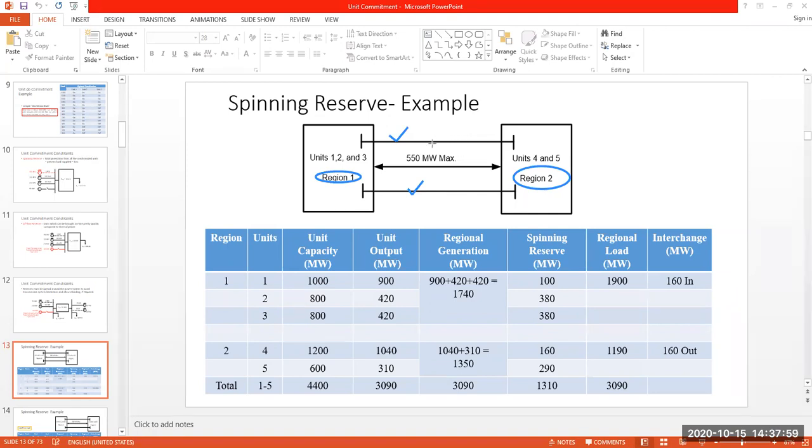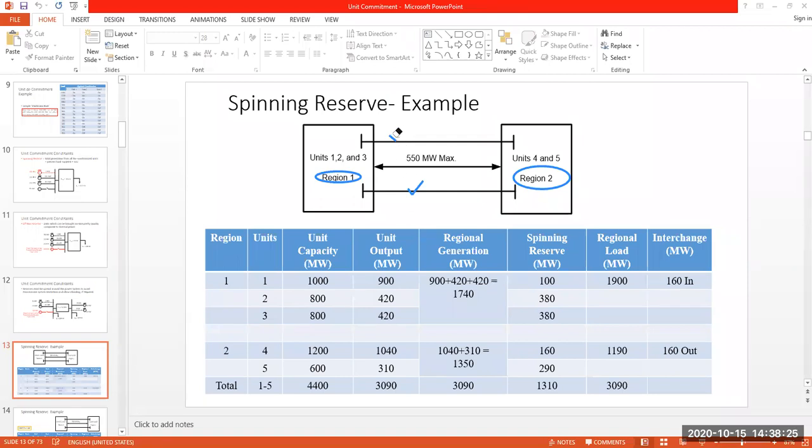So you should not plan to have some flow beyond this under some contingency case or under some faulty scenario, okay? So let us see how this specific value of 550 megawatt contributes towards understanding the concept of spinning reserve, okay? So let us see.